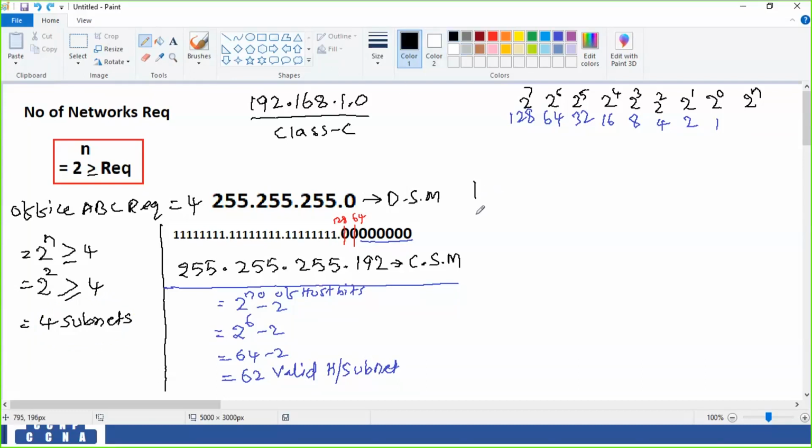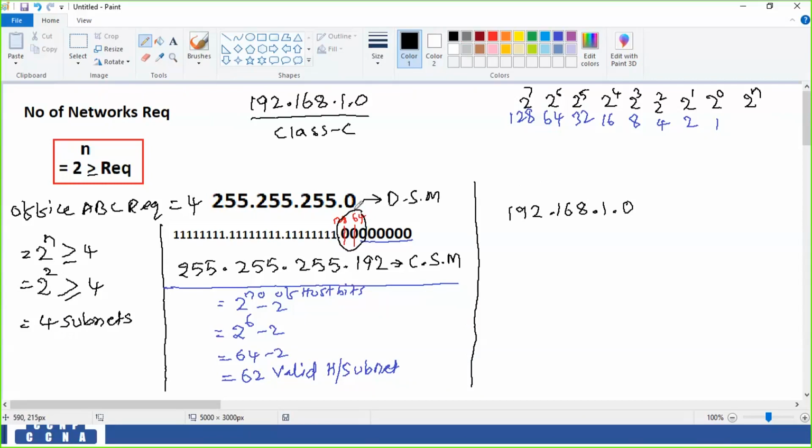So let us try to write the network ID and broadcast ID: first subnet range, second subnet range, third subnet range. Very simple. The base network is 192.168.1.0. What is the second subnet range? Third subnet, fourth subnet, we can easily identify. Simple logic here. How many bits did we convert? 2 bits.